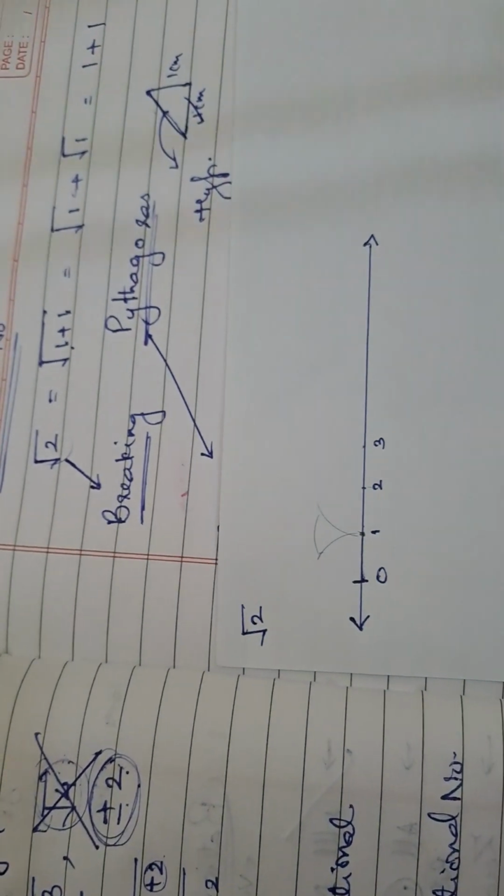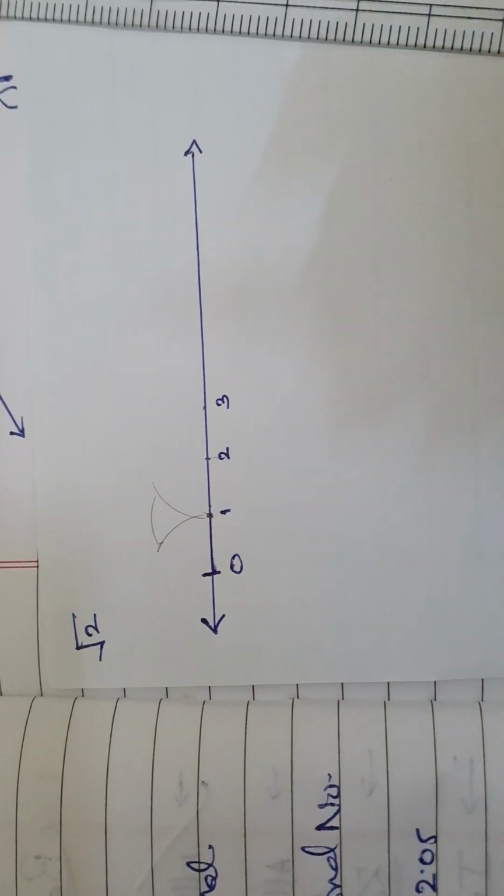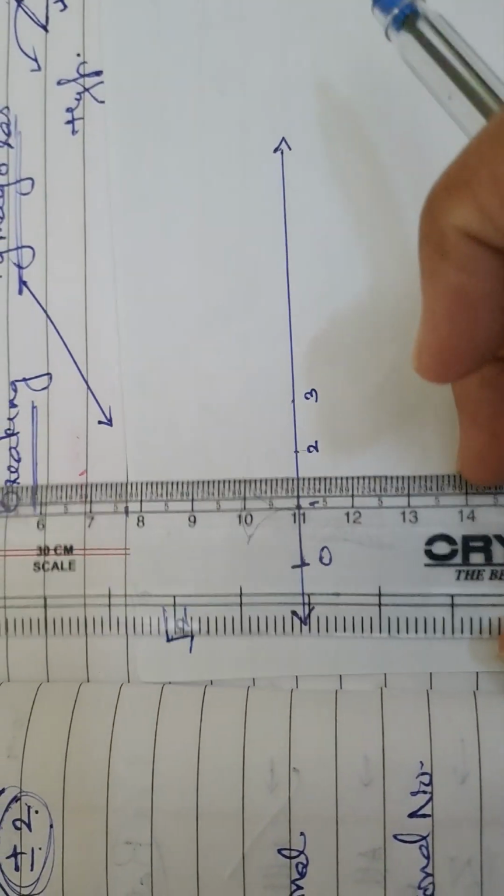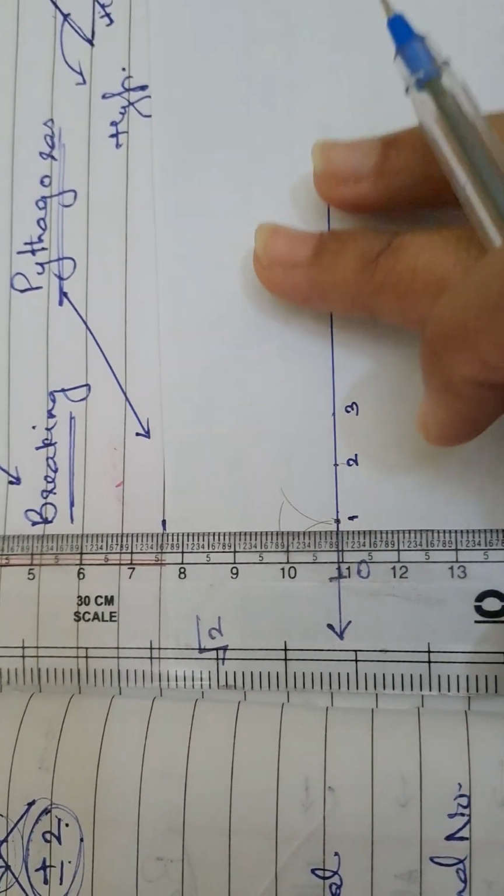So you get a point. Can you see that you got a point here? You got a point to join this. Okay, you can just use that and draw it.